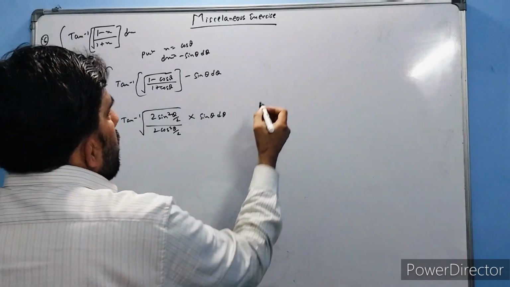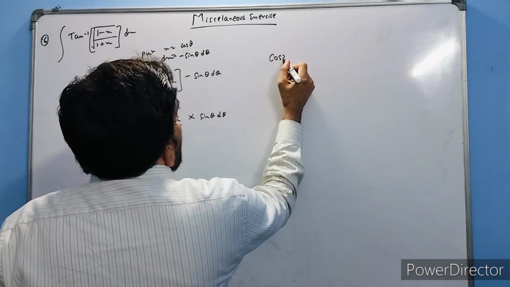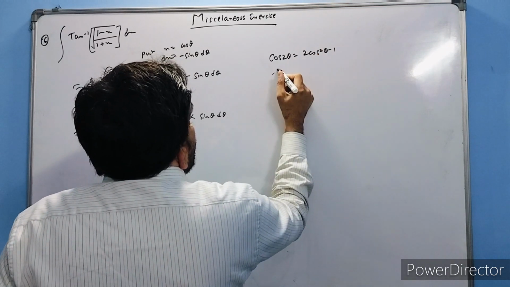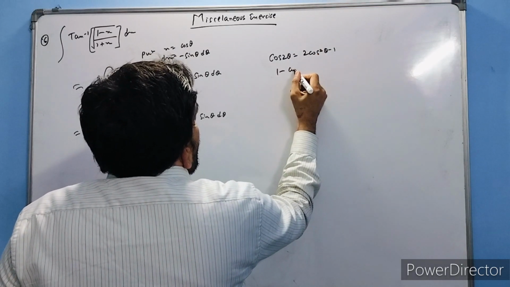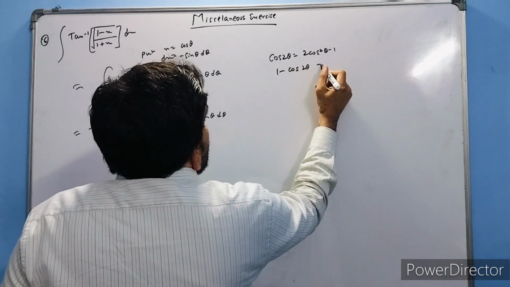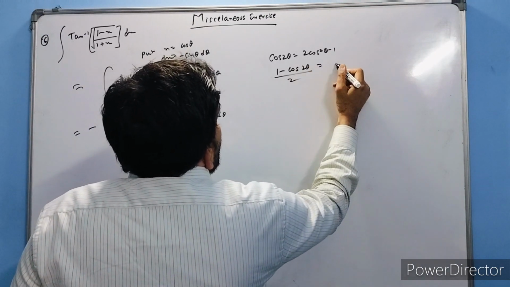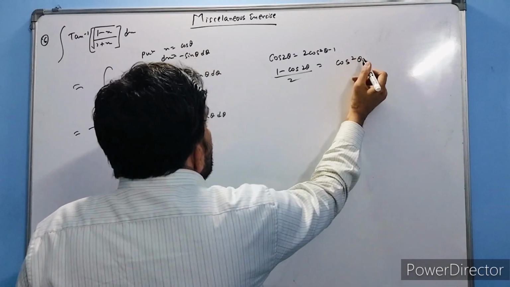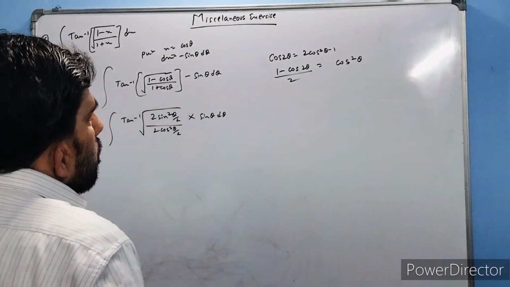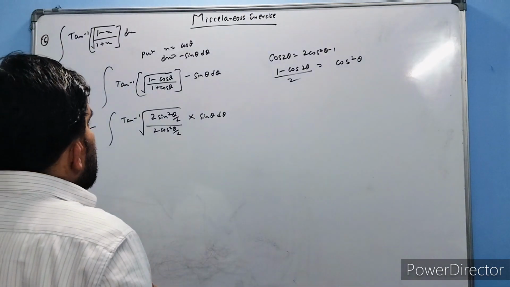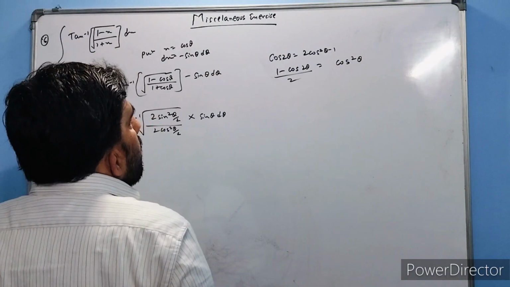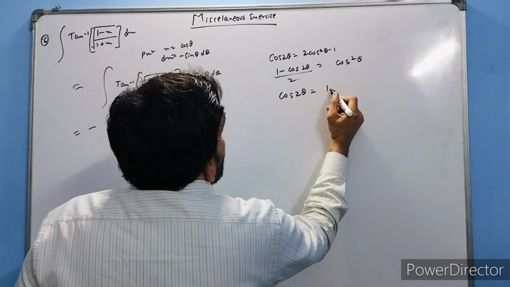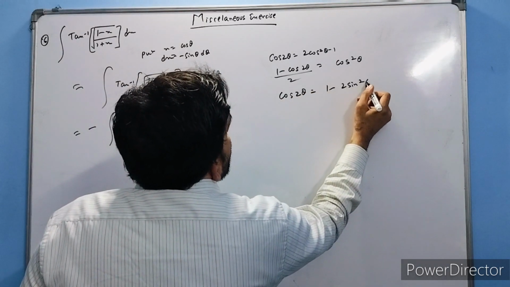Okay, what we have done, we have used that identity: cos 2 theta is equal to 2 cos square theta minus 1. We can take cos square theta is equal to 1 plus cos 2 theta upon 2. So I have used this identity also: cos 2 theta is equal to 1 minus 2 sin square theta.